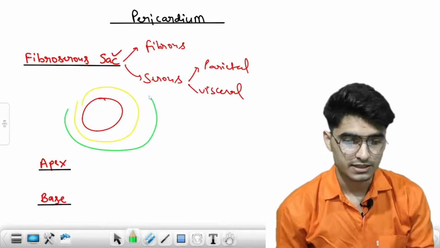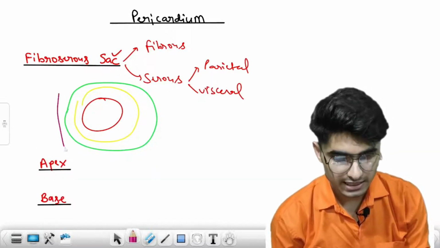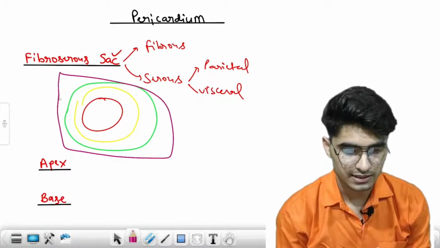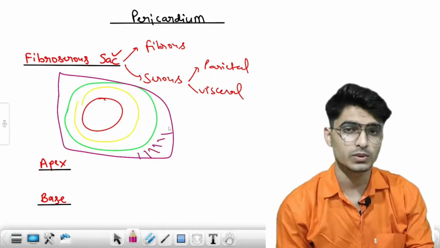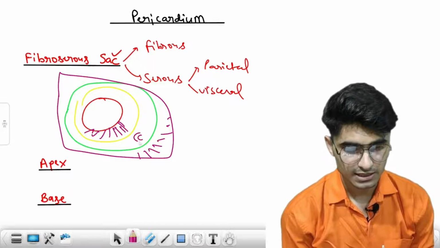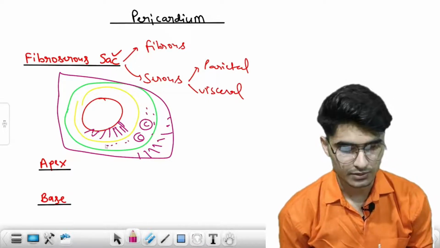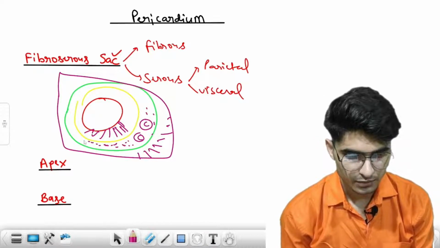The fibrous layer and the parietal layer are fused with each other, and the visceral layer is fused with the myocardium. There is a cavity in between, the pericardial cavity, filled with minimal amounts of pericardial fluid. So that is our basic structure.